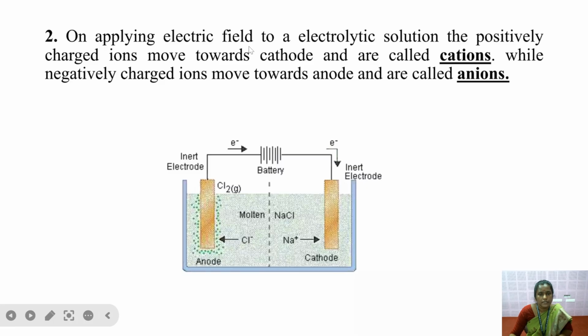Second, on applying electric current to an electrolytic solution, the positively charged ions move towards the cathode and are called cations.